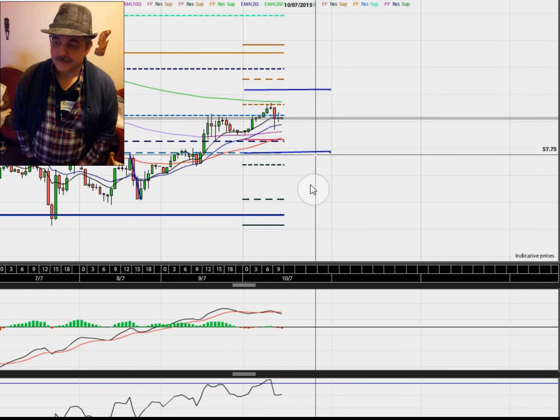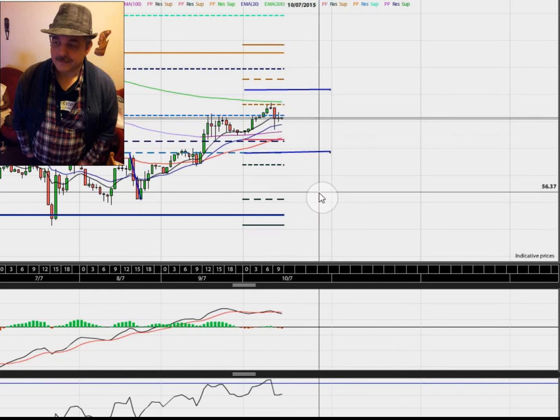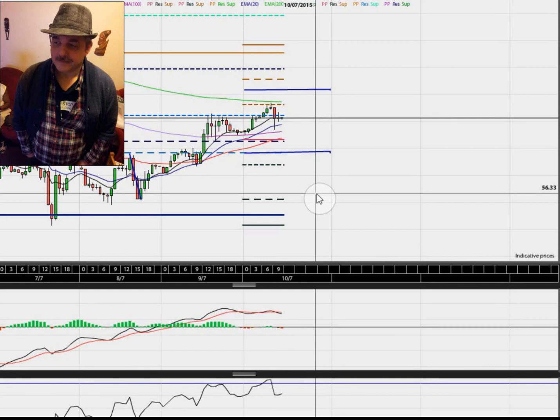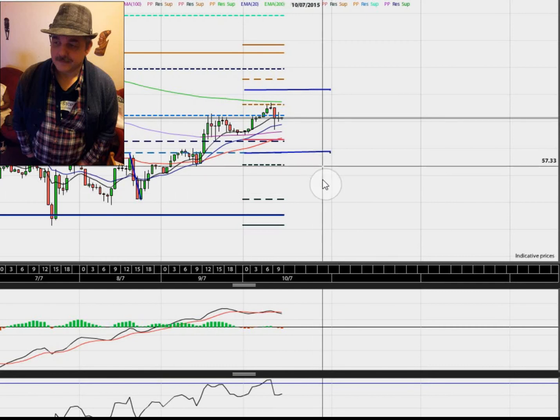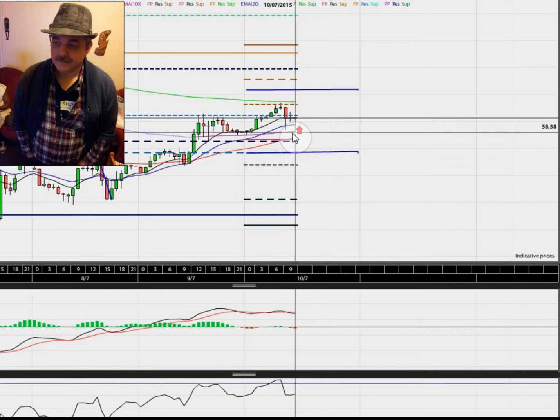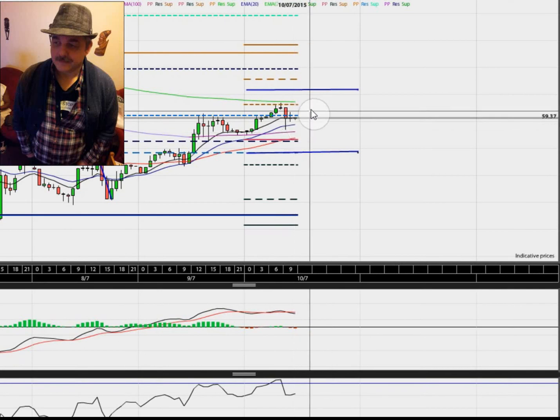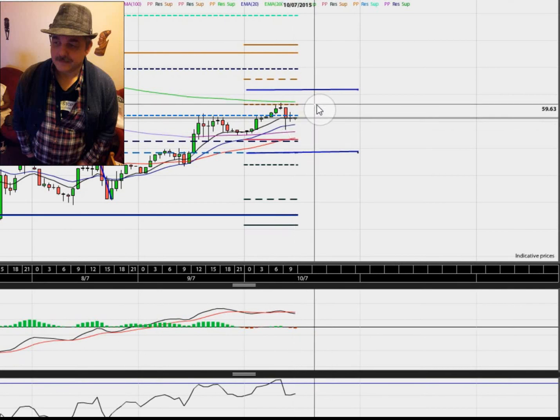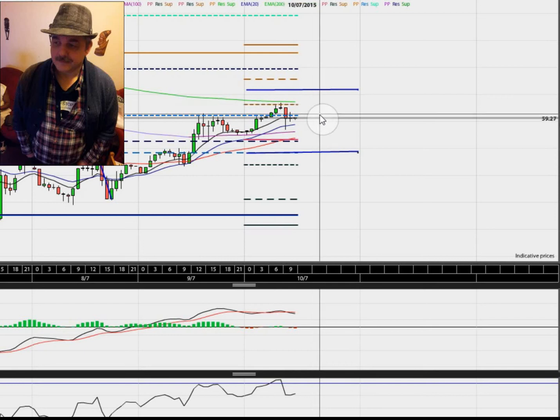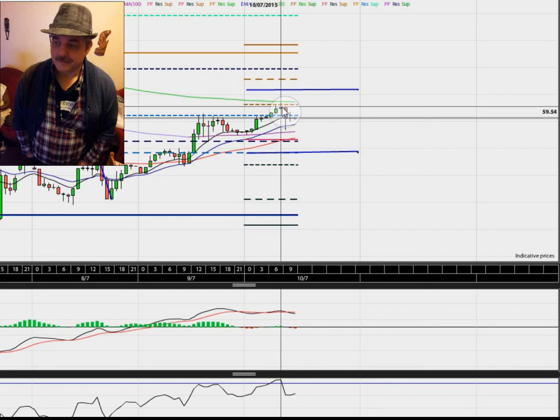Or what a lot of people do is take out a partial profit at 1-to-1, another partial profit at 2-to-1, and then perhaps let the trade run in case it comes further down, and perhaps move their stop loss to break even, so they don't actually lose any money.